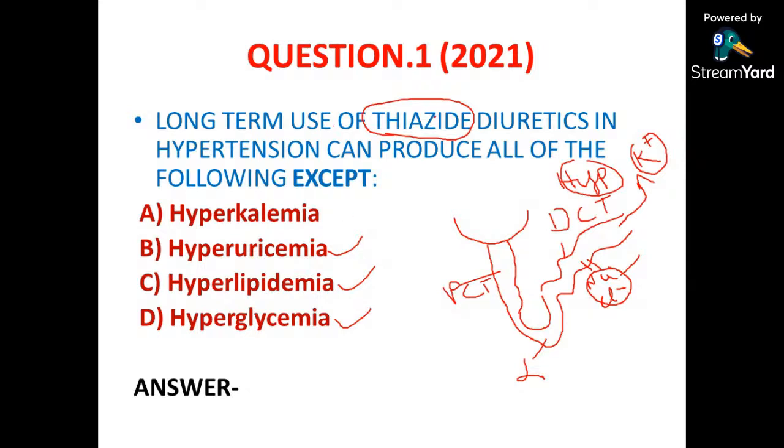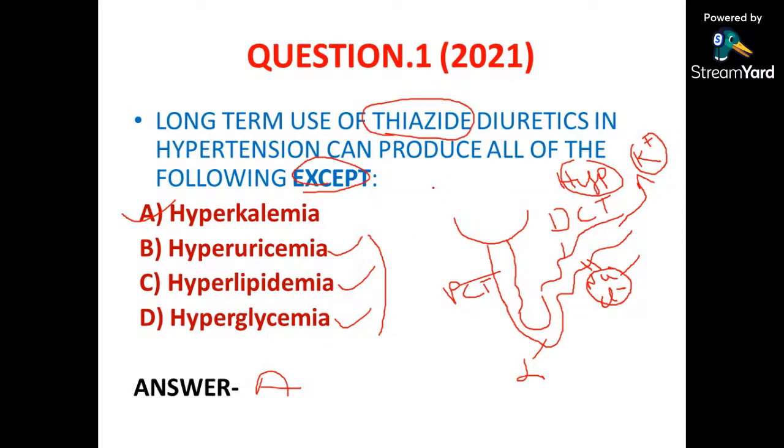Long-term use of thiazide diuretics in hypertension can produce all the following: hyperuricemia, hyperlipidemia, and hyperglycemia, but it causes hypokalemia. So the except option was hyperkalemia. Actually, thiazide diuretic is causing hypokalemia, and the option they have given was hyperkalemia. So the answer for the first question is A. I think you understood this point.